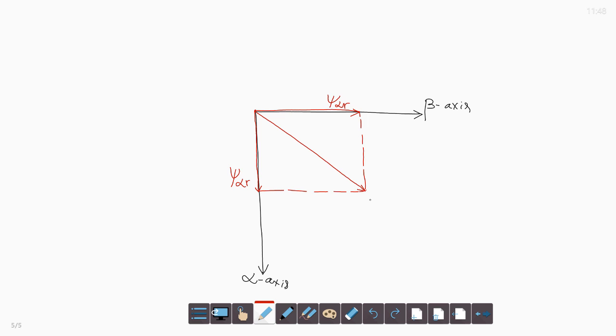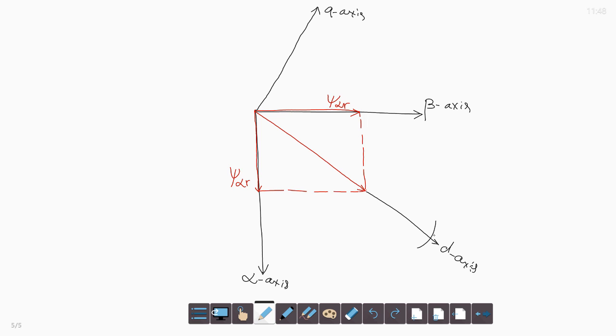So this is the d axis, and the q axis is at right angle to the d axis.